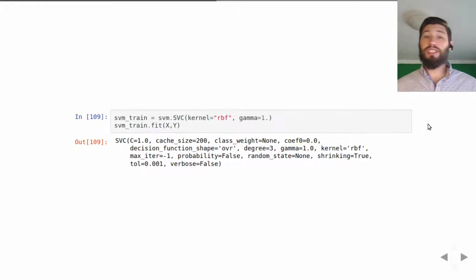But the basic idea is you fit those alpha parameters, right? And then you look at the kernel between a point that you would like to predict and all of the data points, and then weight it by the alpha, and that gives you your output, your decision function, which then gets thresholded just like in linear SVMs.